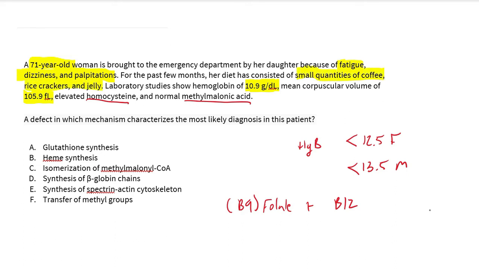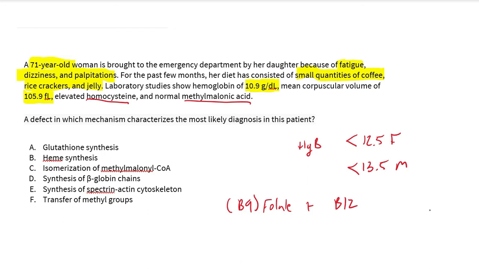The body has a large amount of stored B12, and it would take a very long time to run out of B12 through a poor diet, whereas the folate reserves are not as large. So if a patient is not taking a sufficient amount of green leafy vegetables or even folate fortified foods, a folate deficiency can be seen in people with very poor diets, such as alcoholics on the street.